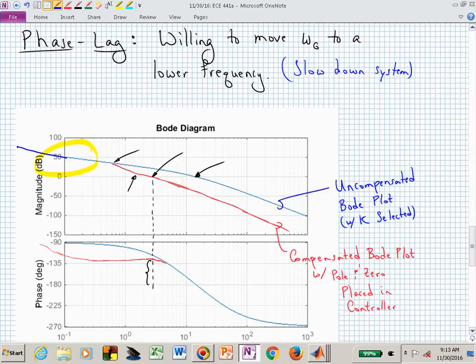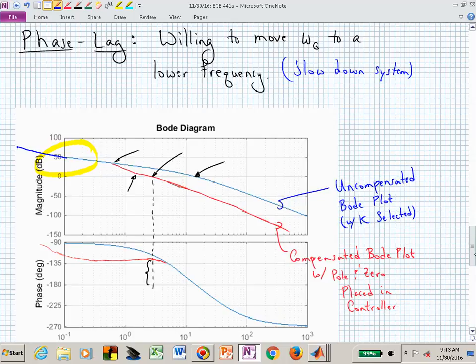It's going really high in terms of dB at lower and lower frequencies. And what does that do? That annihilates any error due to a constant input in your closed loop system. It also allows you to track with a constant error some ramp input, that type 1 system. That's giving you a type 1 system.